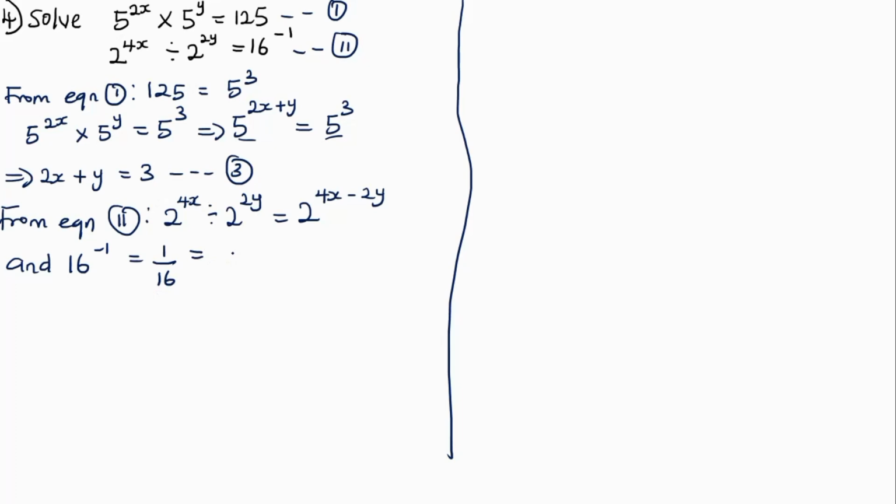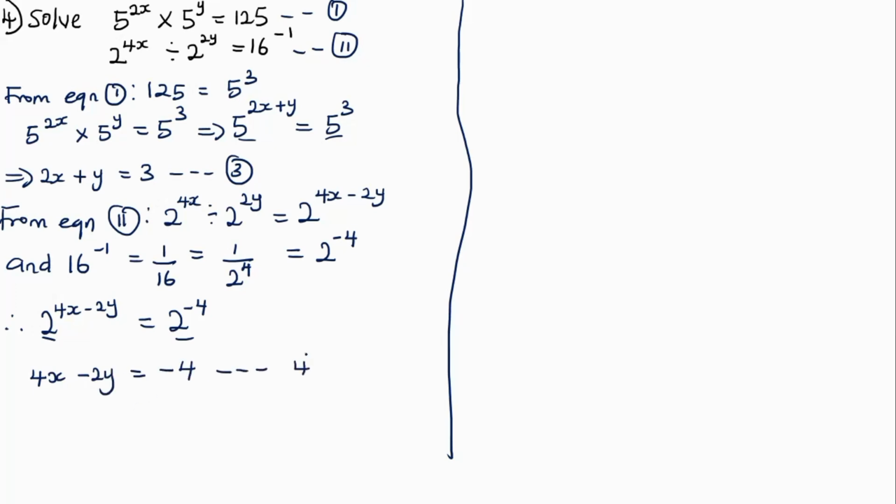But 16 can be written as 2 raised to the power of 4, and this becomes 2 raised to the power of negative 4. So from equation 2, we have 2 raised to the power of 4x minus 2y is equal to 2 raised to the power of negative 4. Since the bases are the same, we simply equate the exponents, and this becomes 4x minus 2y is equal to minus 4. We are going to call this equation 4.